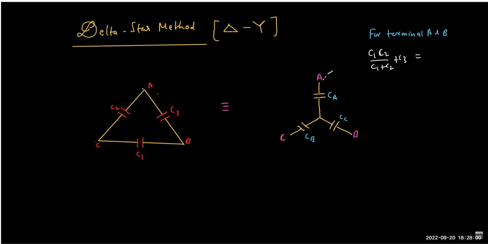So we can write CA CB upon CA plus CB. If you look at the left hand side and take the LCM, you will get C1 C2 plus C1 C3 plus C2 C3, and on the right you will get 1 by CA.